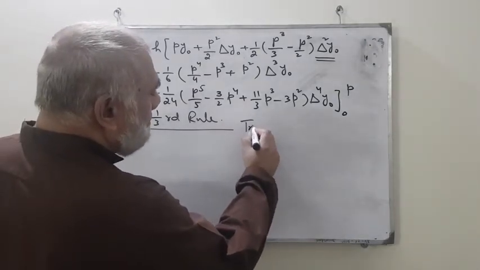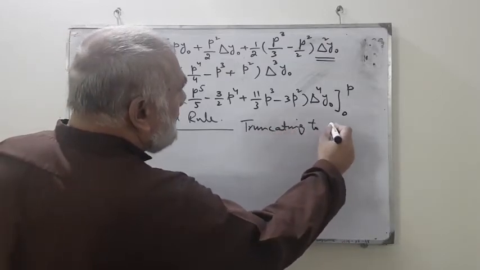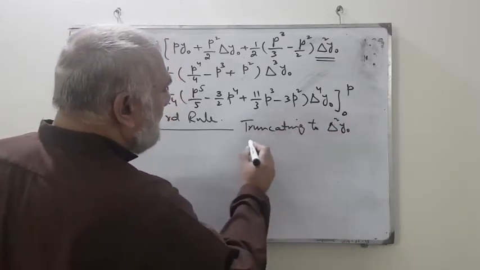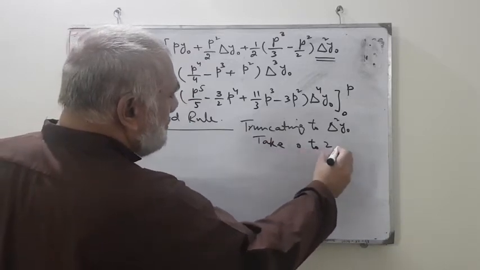Truncating to delta 2 y0 and taking the limits from 0 to 2.